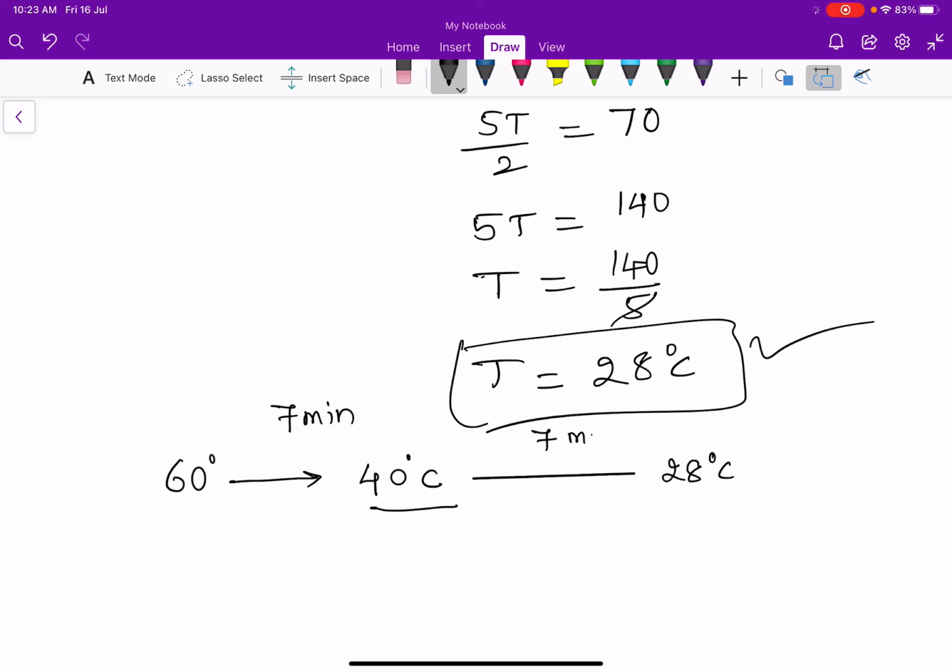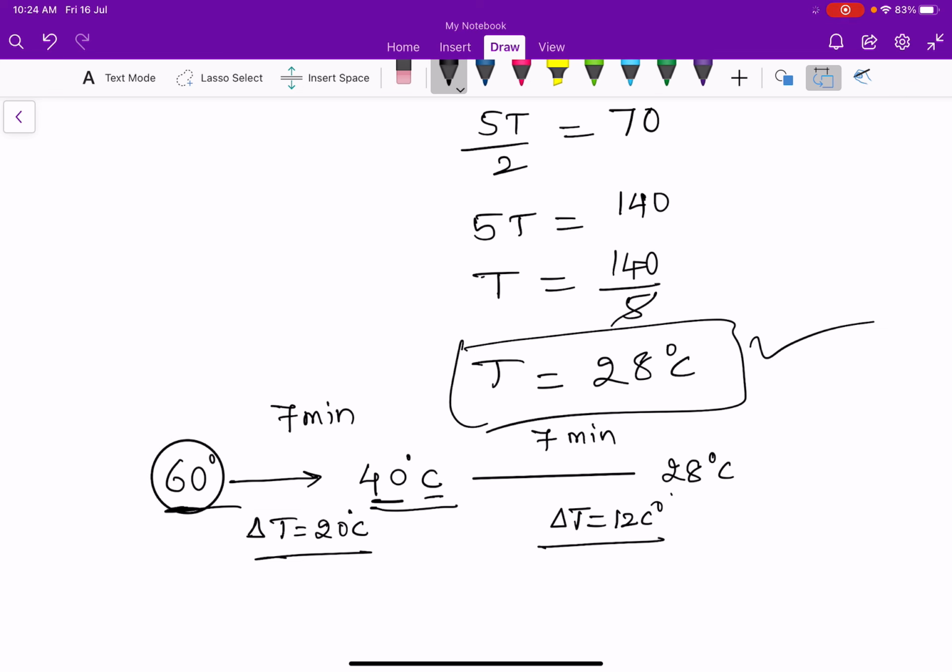If the temperature of the body is so high, the change in temperature in this case is how much? 20 degrees Celsius. 60 minus 40 is nothing but 20. In the next 7 minutes, what is the change in temperature? 40 minus 28, 12 degrees Celsius only. So if the temperature of the body is more, the rate of cooling will also be more.